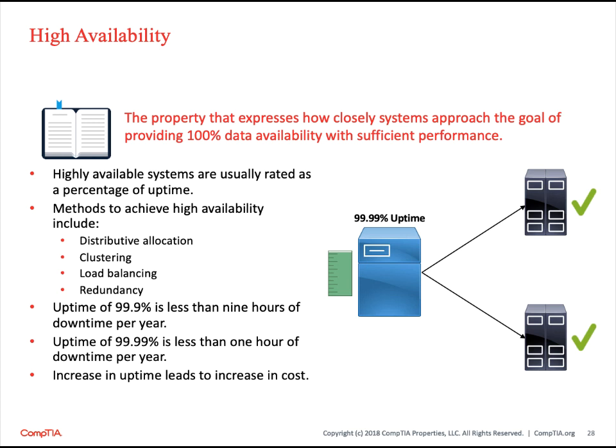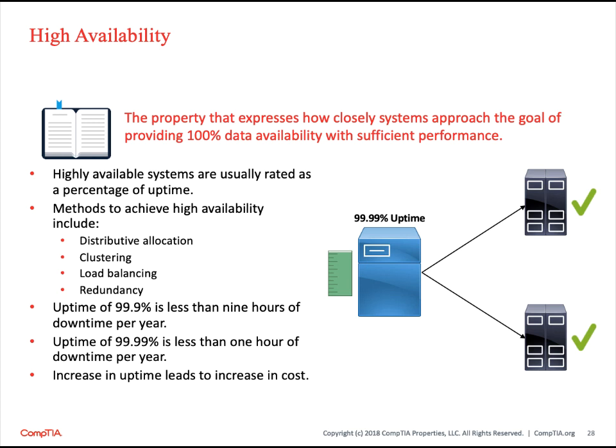Some of the methods used in achieving high availability are going to be something like distributed allocation of resources, the clustering of computers that have similar functions, load balancing, in which when our servers become overloaded, we can balance them evenly to distribute the power, the performance, the processing, and redundancy measures, right?